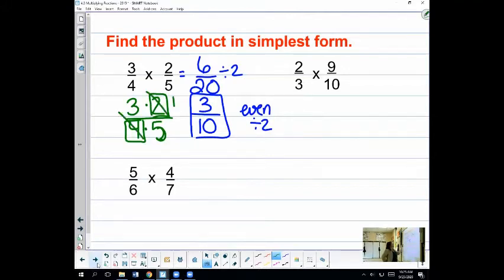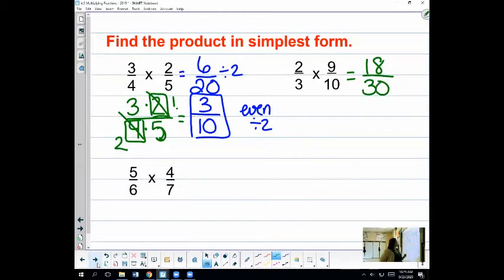If I divide this by 2, I get 2. Now, do you see where that answer comes from? 3 times 1, which is 3, and 2 times 5, which is 10. That is another way that you can do it. It's called cross product simplification. Some people use it. Do you have to? Absolutely not.